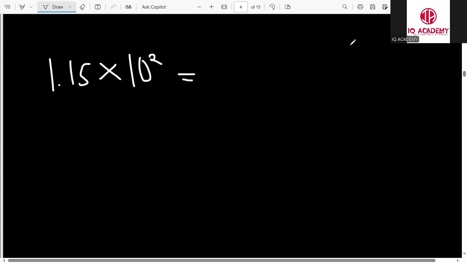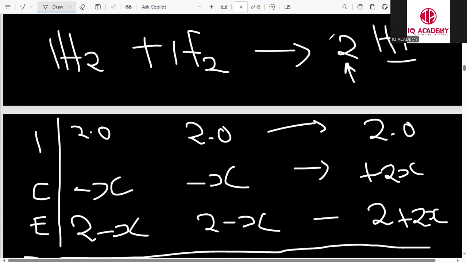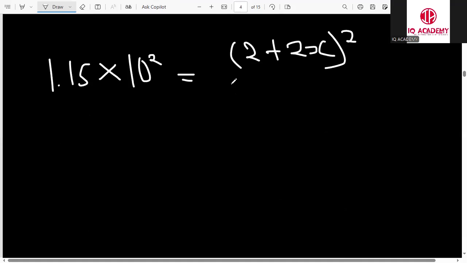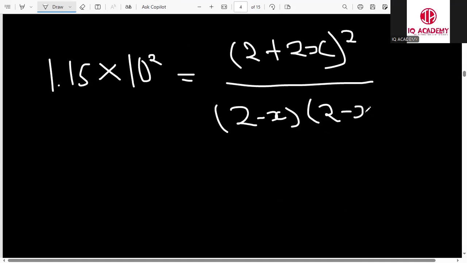So you're going to say 1.15 multiplied by 10 to the power 2 is equal to, okay, and then you put the products on top. So the concentration of hydrogen fluoride, which is 2 plus 2x, should be raised to the power 2 because in its formula here, we have a 2. And then down there, we're going to put those two. So down here, we put 2 minus x, and then again, 2 minus x. All these are to the power 1, because the coefficient there is 1.